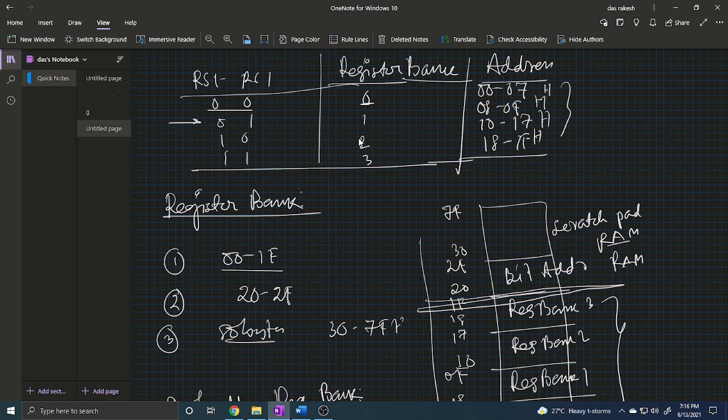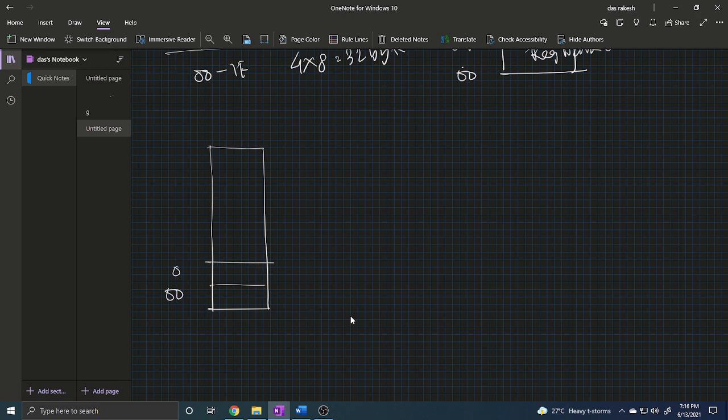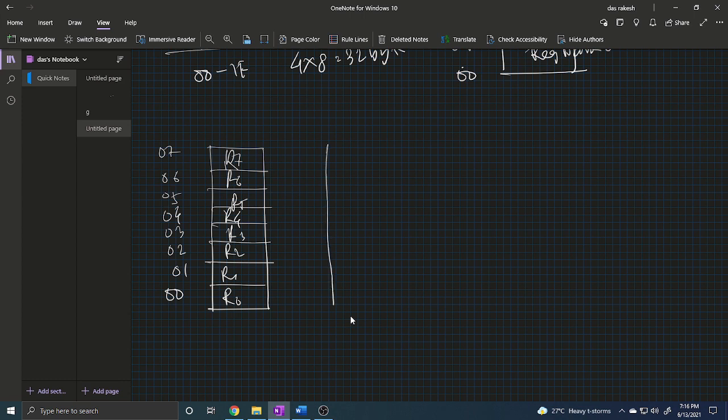And one thing is very important. If we look at our register bank, the first bank is from 00, 01, 02, 03, 04, 05, 06 and 07, and it maps to R0, R1, R2, R3, R4, R5, R6, R7.